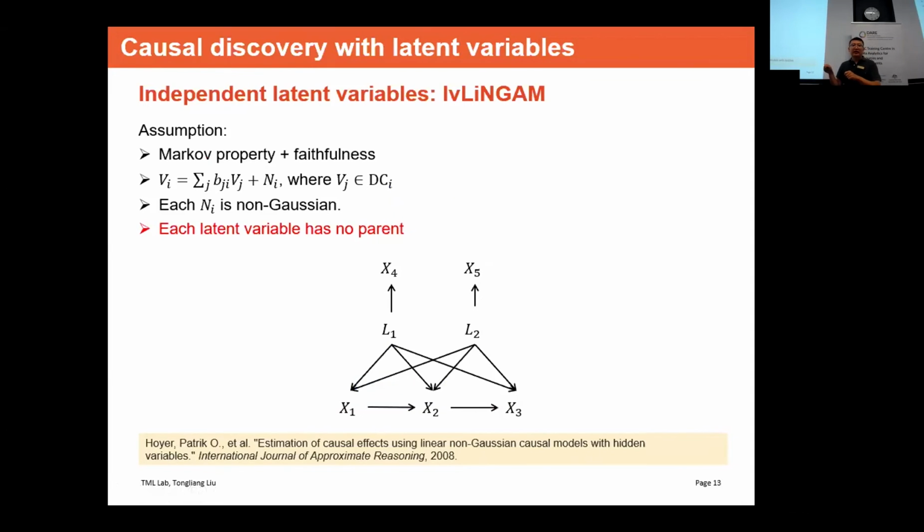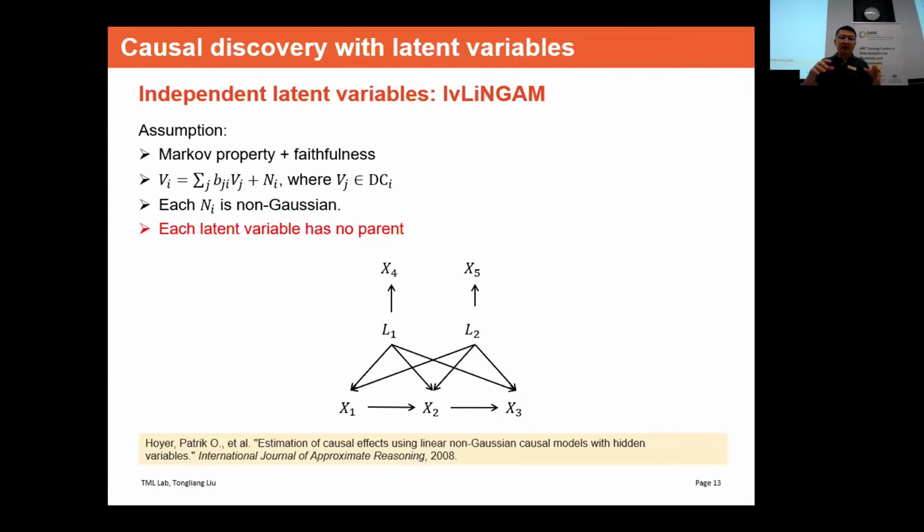Another setting is causal discovery with latent variables, and I will quickly introduce the high-level idea. There are some assumptions, for example the Markov property assumption and the faithfulness assumption. Also, we assume that the structural causal models are linear functions and the noise is non-Gaussian. There is another somewhat strong assumption that each latent variable has no parents, so they are independent of each other.